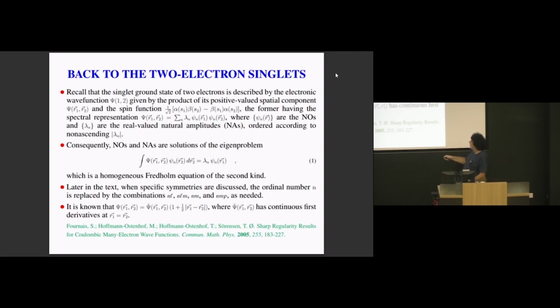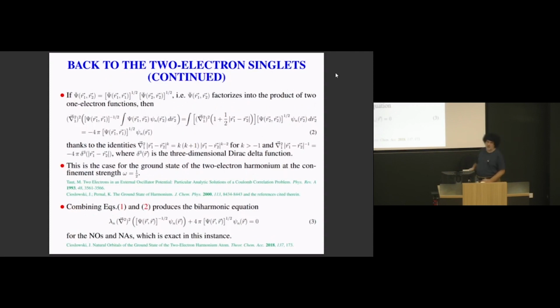Now, it is known that the spatial part of the wave function that corresponds to 2 electrons has in general this form, and this part with a bar has continuous first derivatives at the coalescence point. This is the so-called electron-electron cusp condition, and it is going to play a very important role in what you are going to see in a moment.